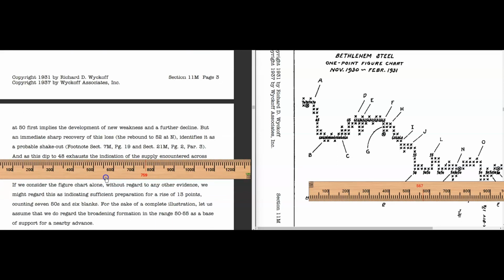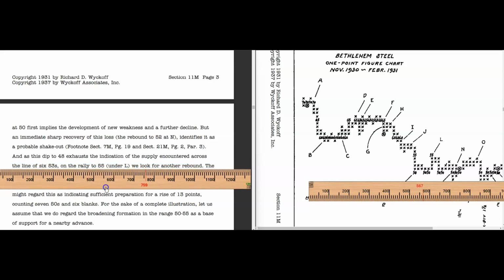And as the dip to 48 exhausts the indication of the supply encountered across the line of 53s, we look for another rebound. So what is he saying here? The dip to 48 exhausts the indication of the supply across the line of 53s.